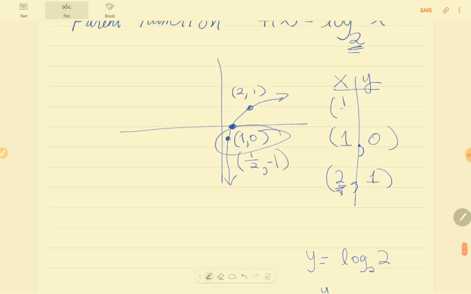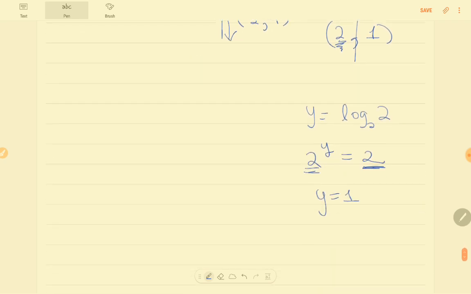Then we have 1/2. So let's plug in 1/2 and see what happens. What power do I need to raise 2 to in order to get its reciprocal?